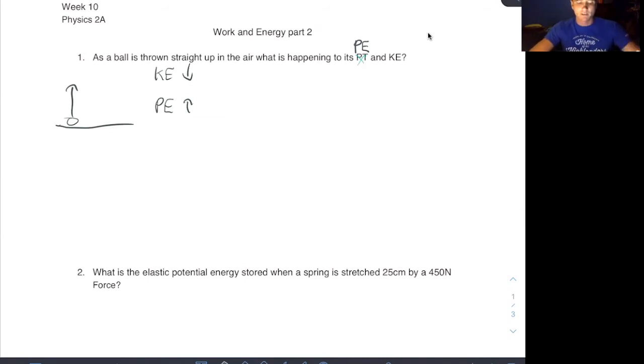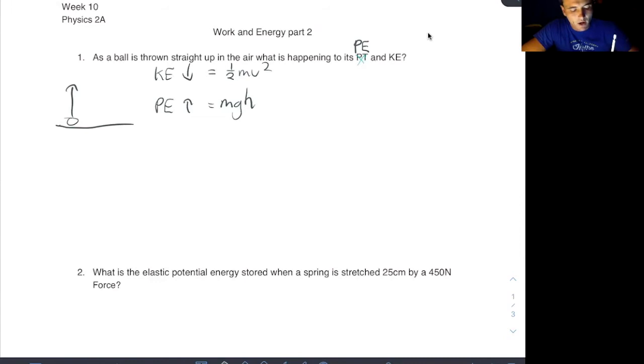So yeah, this can be easily demonstrated by their equations. So we know the equation for kinetic energy is 1/2 mv squared, and then potential energy is mass times gravity times height, right? So in this situation, as we throw our ball straight up in the air, it's constantly decreasing in speed, right?